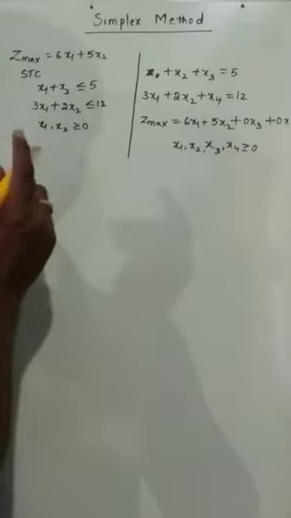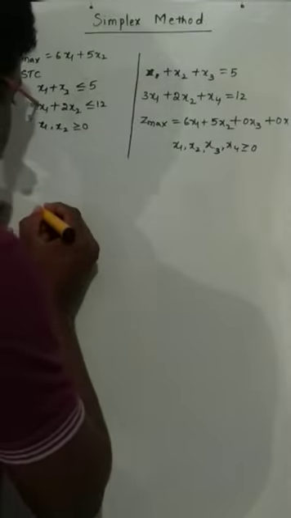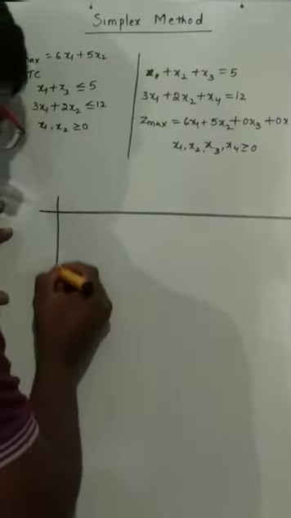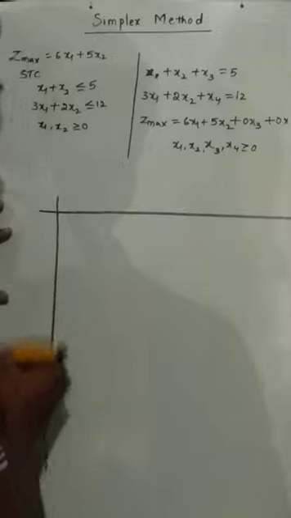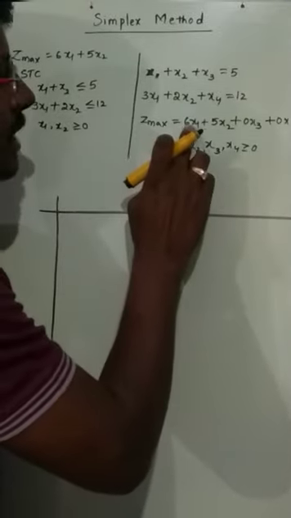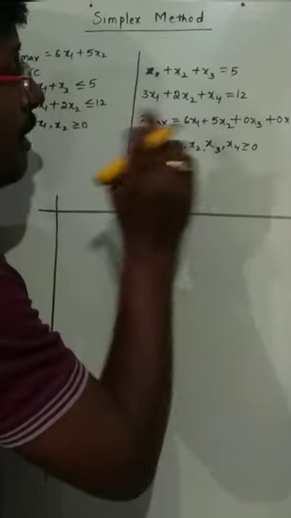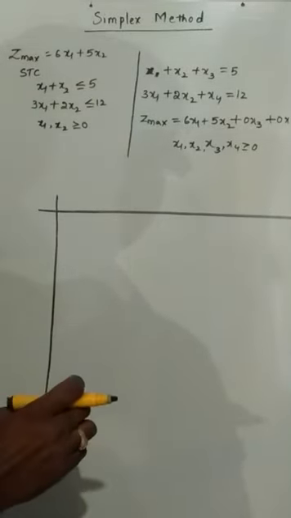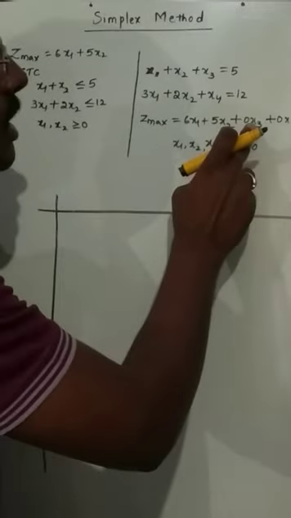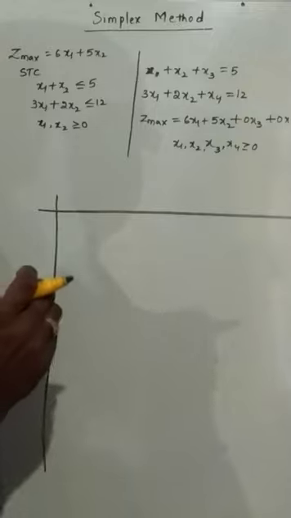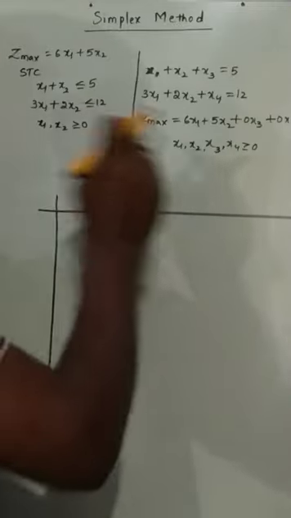Now, after converting the inequalities into equations, in the simplex method we have to draw the table like this. In this table you can see that in the Z max I wrote 6x1 plus 5x2 plus 0x3 and 0x4. Why have we put 0 in this place? Actually the slack variable will not have any contribution to the objective function.